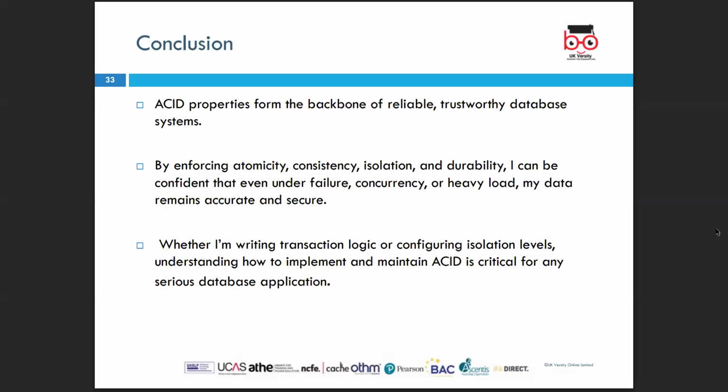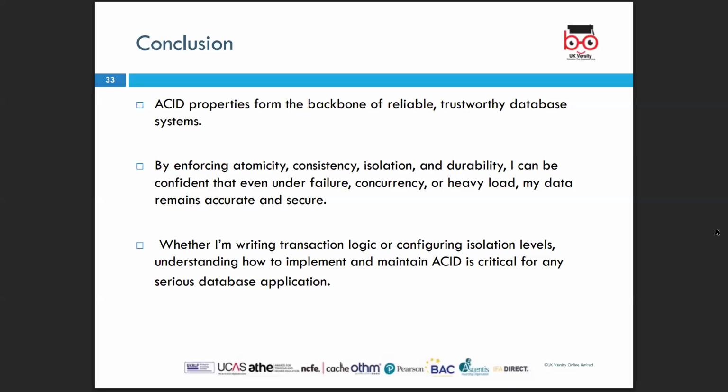To conclude, these properties form the backbone of reliable, trustworthy database systems. By enforcing atomicity, consistency, isolation, and durability, we can be confident that even under failure, concurrency, or heavy load, our data will remain accurate and secure.